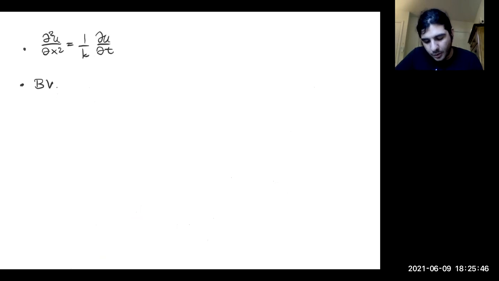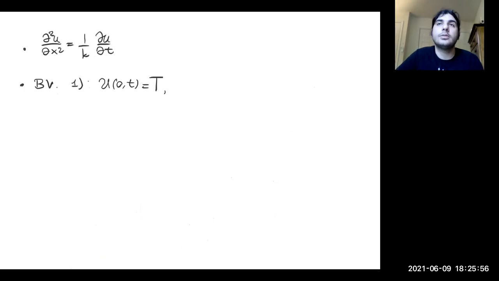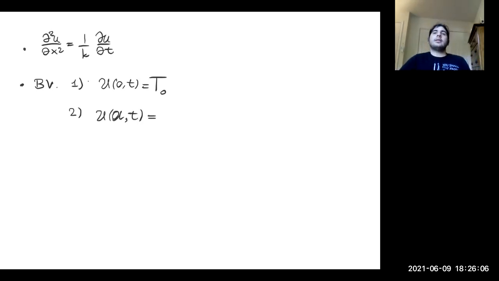So for one point, let's say when x is equal to 0, we say u of 0 and t is equal to T naught for any t. For the other side, when x is equal to a, for the other boundary, we use the other boundary value problem.